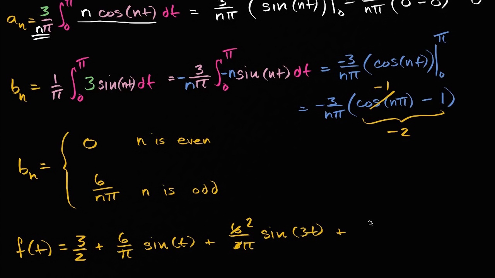So that's going to be 6 over 5 pi. Actually, it's nicer to not simplify here because you can see the pattern. So it's going to be plus 6 over 5 pi times sine of 5t. And we're just going to go on and on and on. And there you have it. We have our Fourier expansion. In the next video, we're actually going to visualize this.